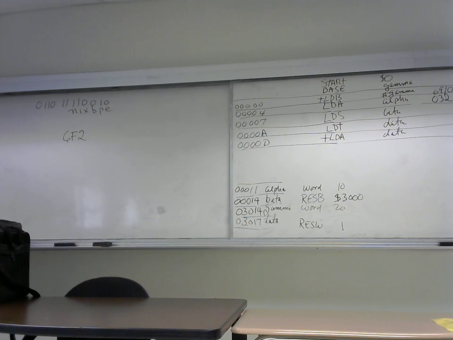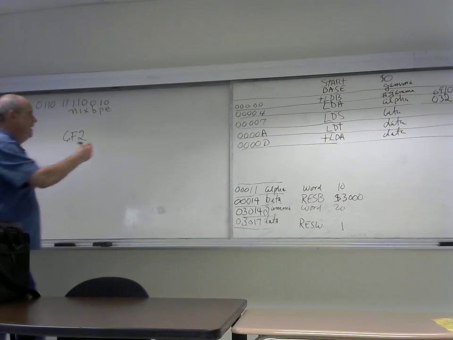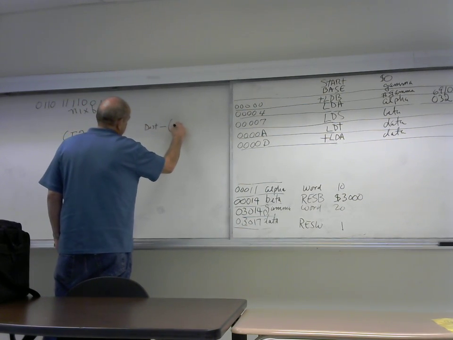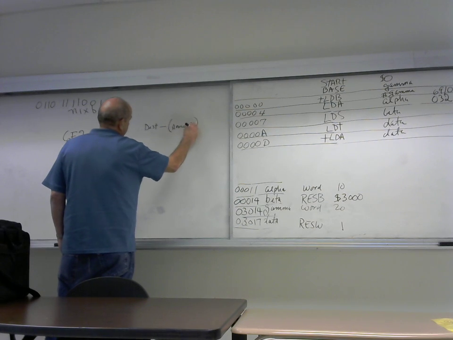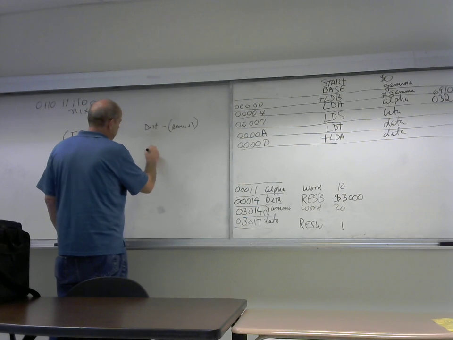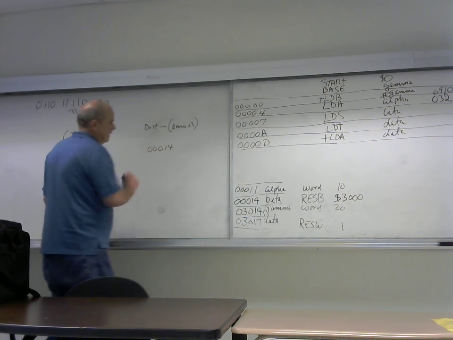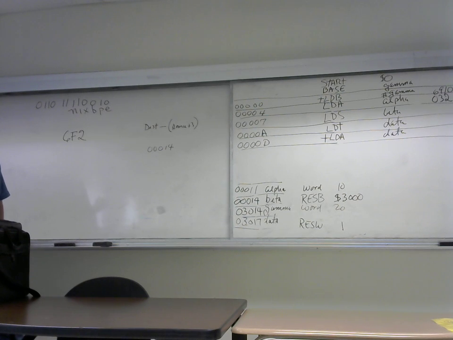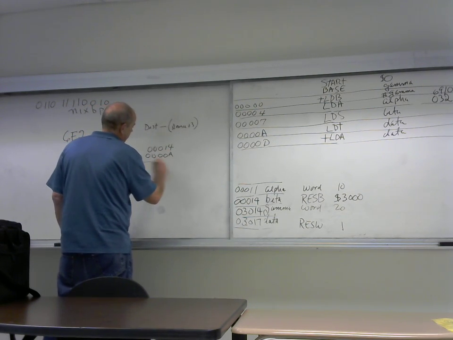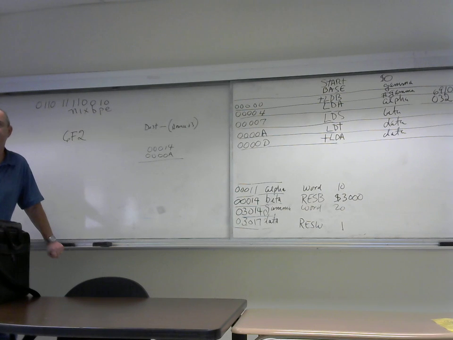Now, what's the offset? Again, it's destination minus source plus 3. Okay, where are we going? What are we going to read? The memory reference is beta. And where are we reading it from? 7 plus 3. Okay, we subtract, and what do we get? 14 minus 10 is 4.